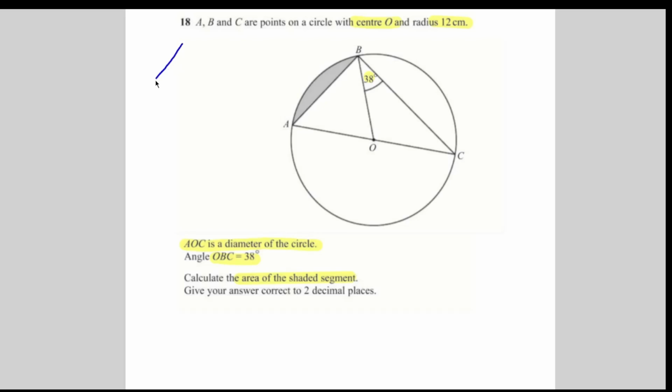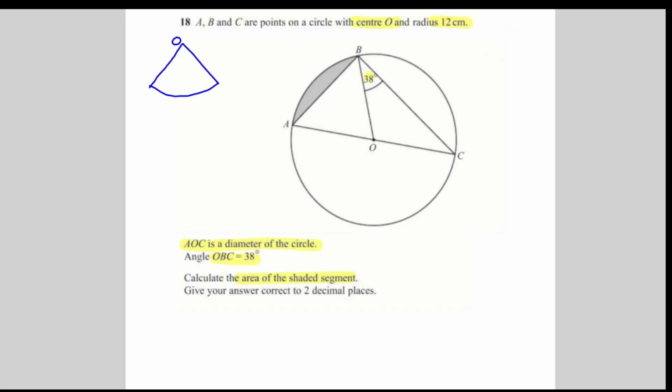Now, if I take out a part from the circle like this, we call this part a sector of a circle. You have to cut it out from the center.